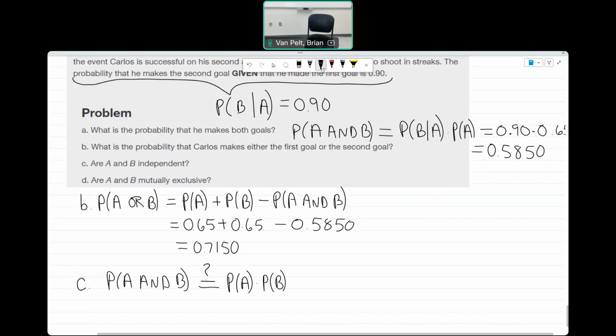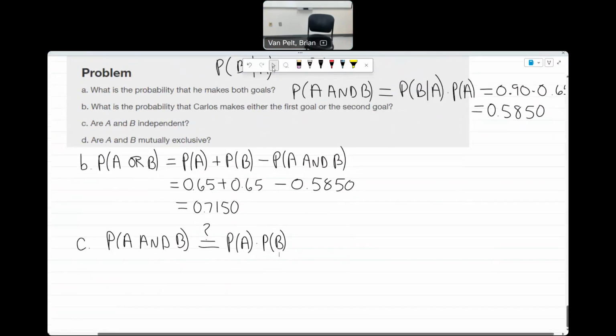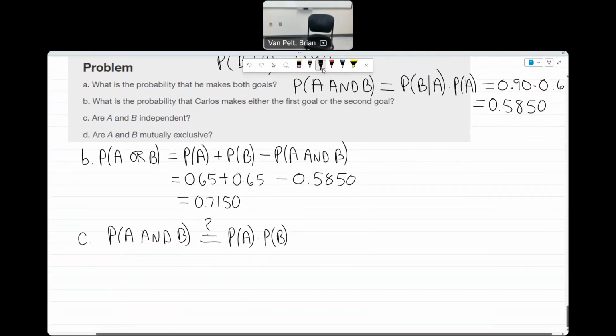If this equation is true, then they're independent. If it's not true, they're not independent. So I'm just going to fill in the numbers. We did the probability of A and B up here. Let's see if that is actually true.